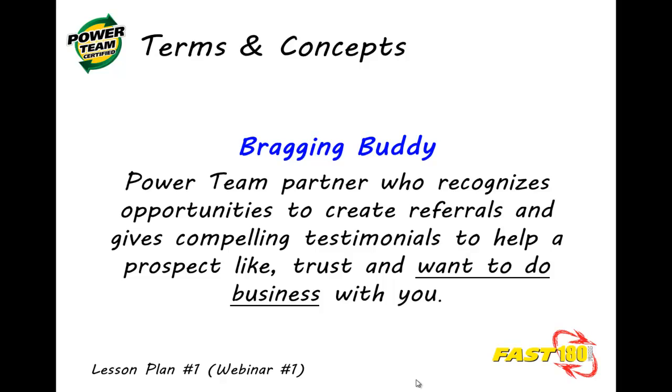They are your sales force. And the tool in their toolbox is called the compelling testimonial. We're going to wrap up today's training with something that we call the 10 key question worksheet, which essentially helps you prepare to train your power team, to train them to be your bragging buddy and give compelling testimonials.